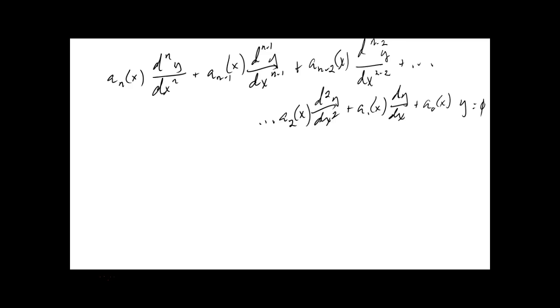Okay? That makes it linear. First part was all the coefficient functions are functions of x alone. No y's in the coefficients anywhere. Even of the function y, okay? The zeroth derivative, in other words, the function itself, okay?